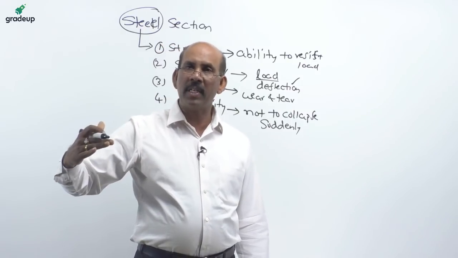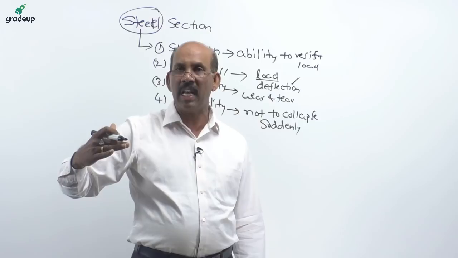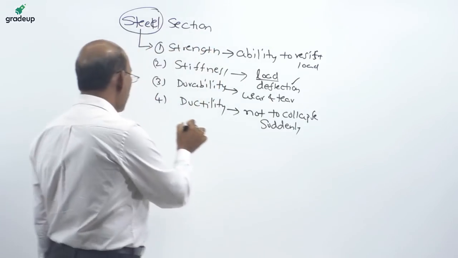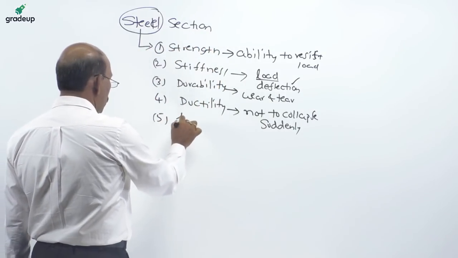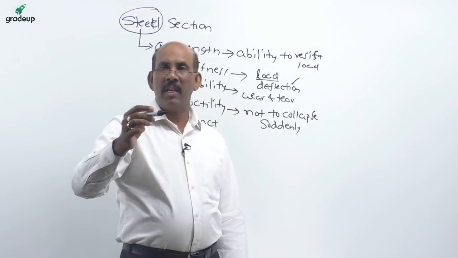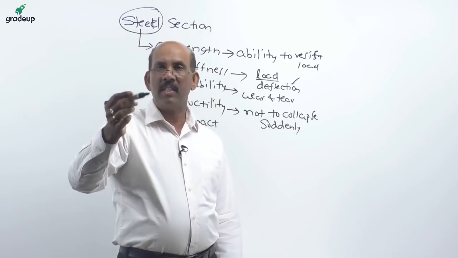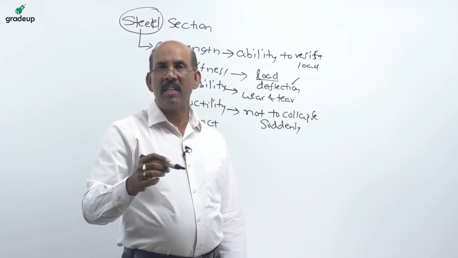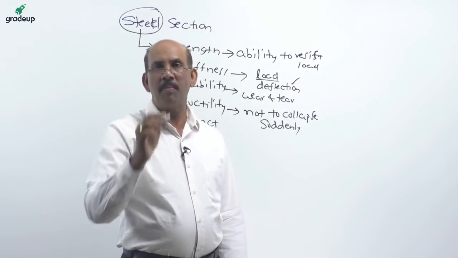So these are the properties of this steel material, and the last one is impact strength. Impact normally happens in a structure when the load is suddenly varying or falling, which causes an impact effect.